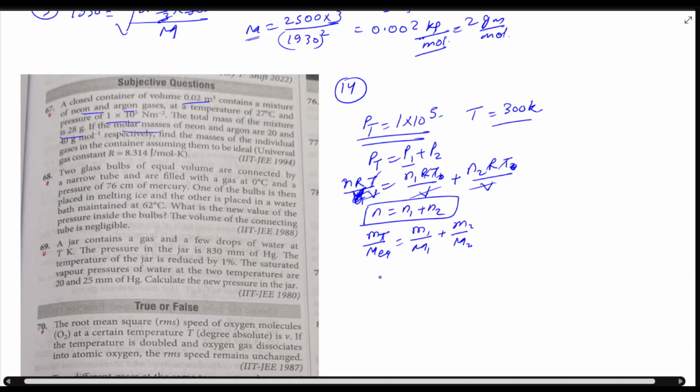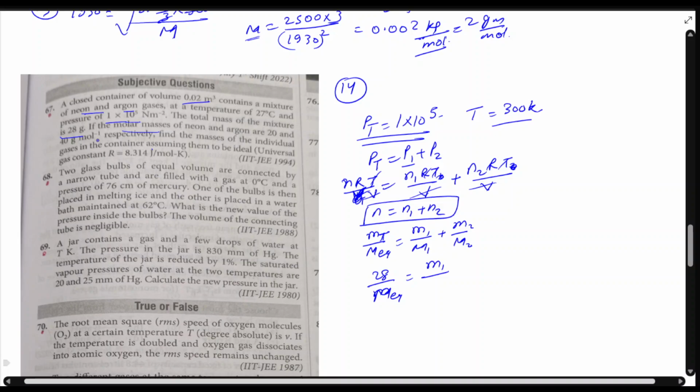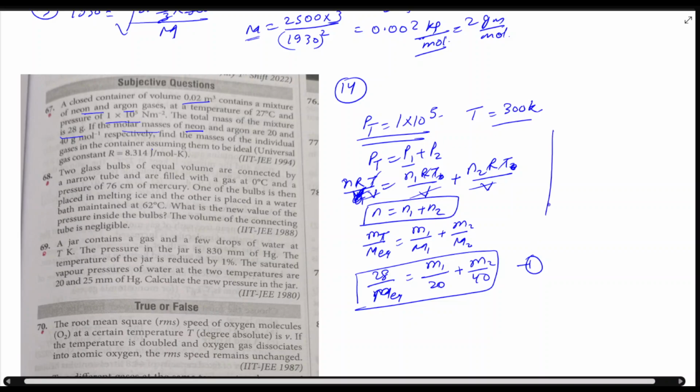So M total is 28 upon M equivalent, and this is M1 upon 20, taking neon first, plus M2 upon 40, right? So this is our first equation. Now the second equation will be simply M1 plus M2 equals 28. We need to find M equivalent.